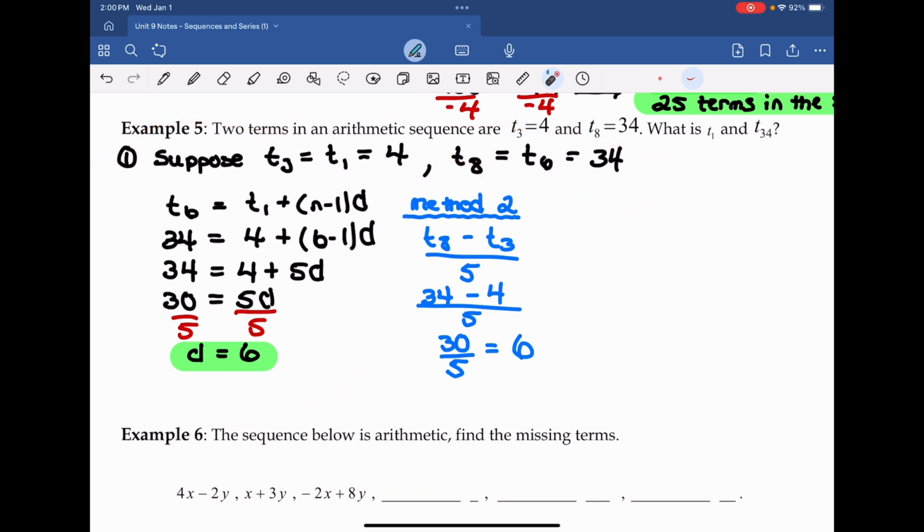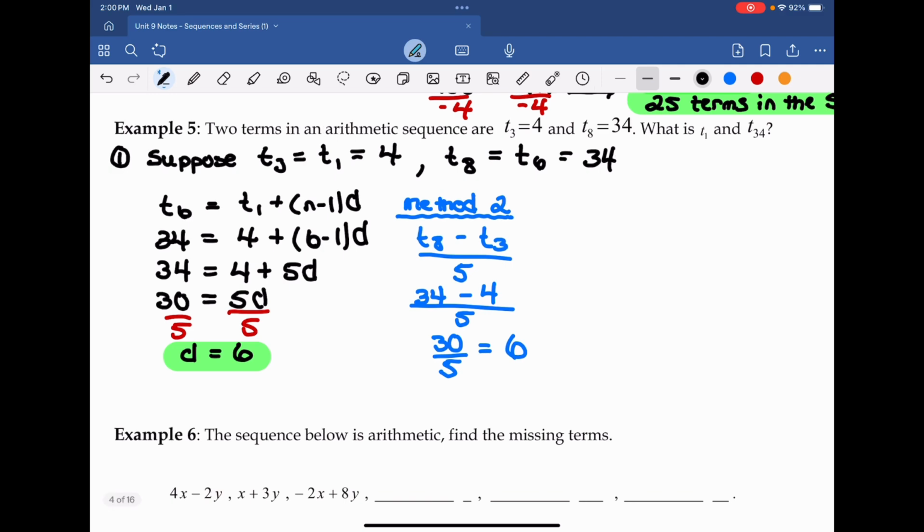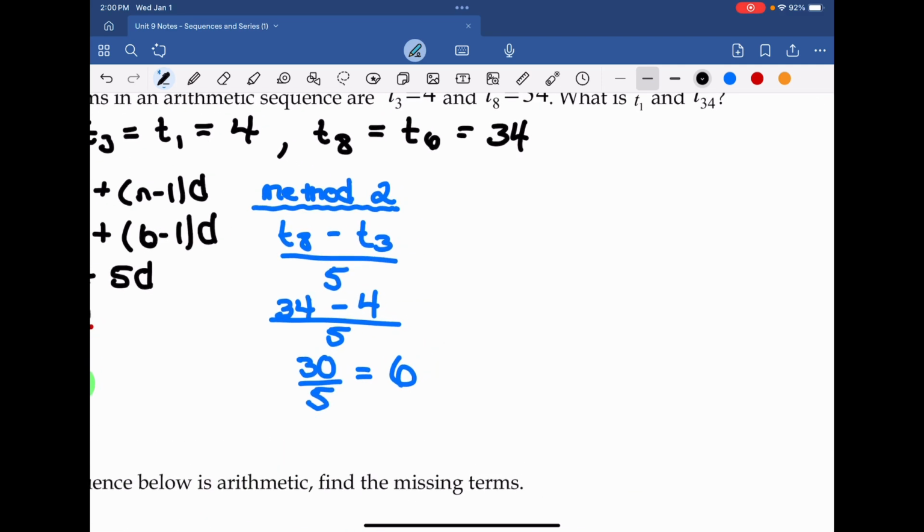Okay, so we have our common difference. Perfect. Now we can actually figure out what the true T1 is and not just suppose a T1 in this situation. We could do this algebraically, or to save a little bit of time, why don't we just use that common difference and work backwards?